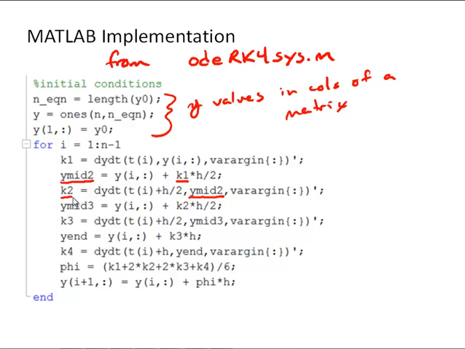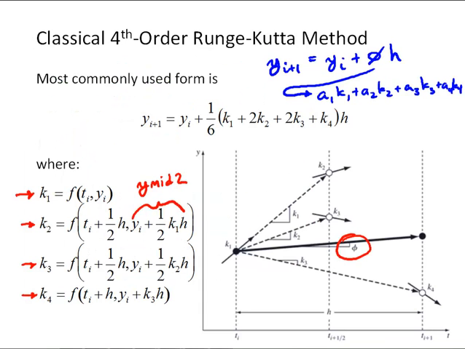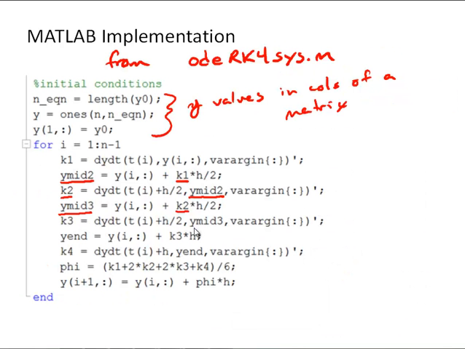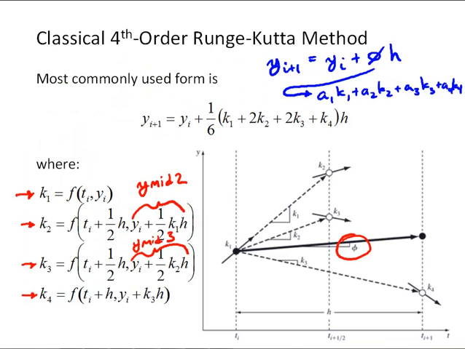Similarly, we'll use k2 to calculate y mid 3, and again, y mid 3 in our MATLAB code would be this term. And then use y mid 3 to calculate k3. And lastly, we'll use k3 to calculate y end, which would be the y value that we're going to use for the last function evaluation, k4.